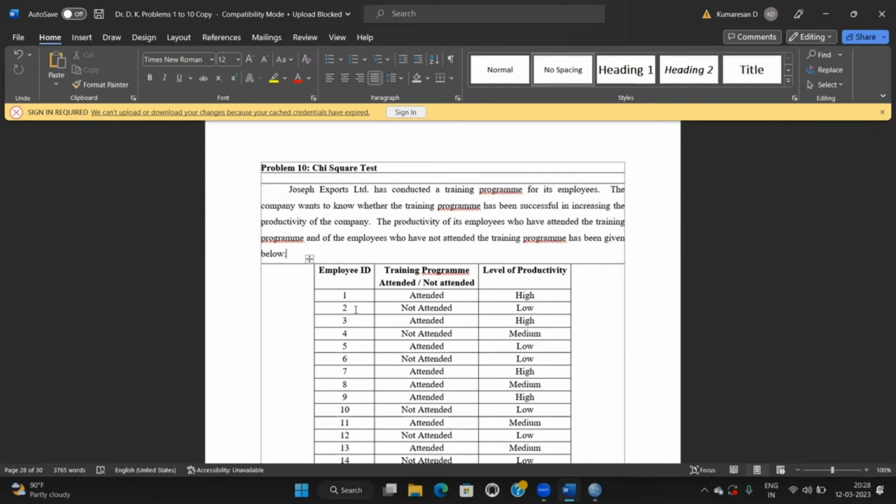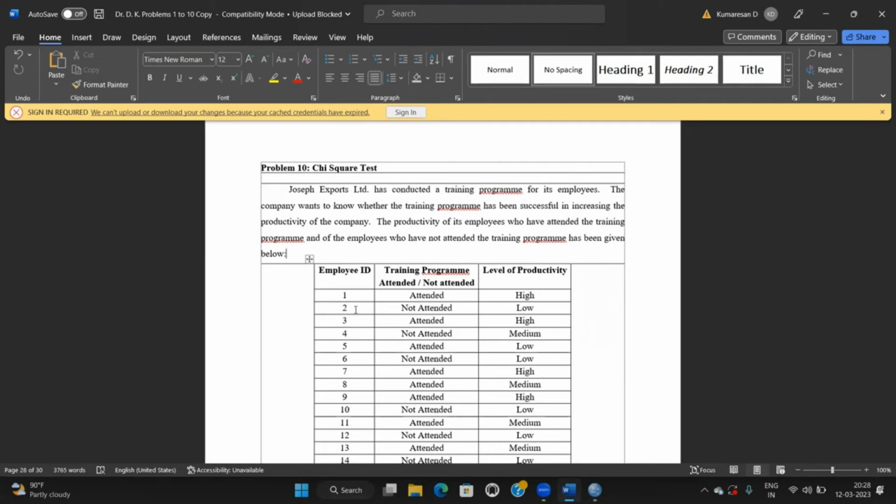Likewise here, affected, attended, not attended. Attended, not attended. Instead of affected, not affected, we are categorizing into 3. 3 grades are given: high, medium, low.